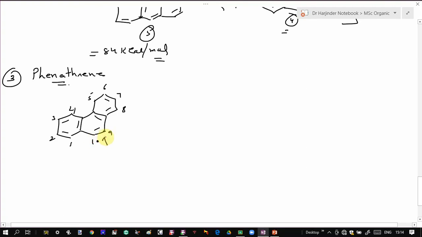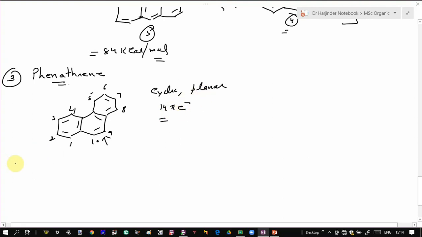Now here position number 9 and 10 has more double bond character due to partial bond fixation. Again this compound is aromatic as it has a cyclic planar structure with complete delocalization of pi electrons, again 14 pi electrons. So it satisfies Huckel's rule.